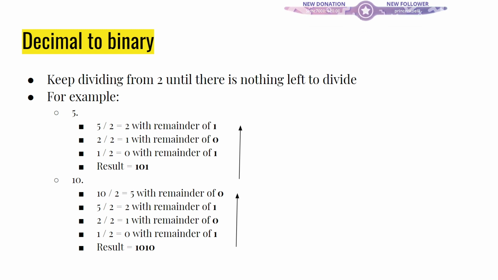Then I divide 1 by 2, and I get 0, so it's done. And then I take the remainders, and that's my number. So 101 is the binary number for 5. And I do the same to 10, and 10 in binary is 1010.